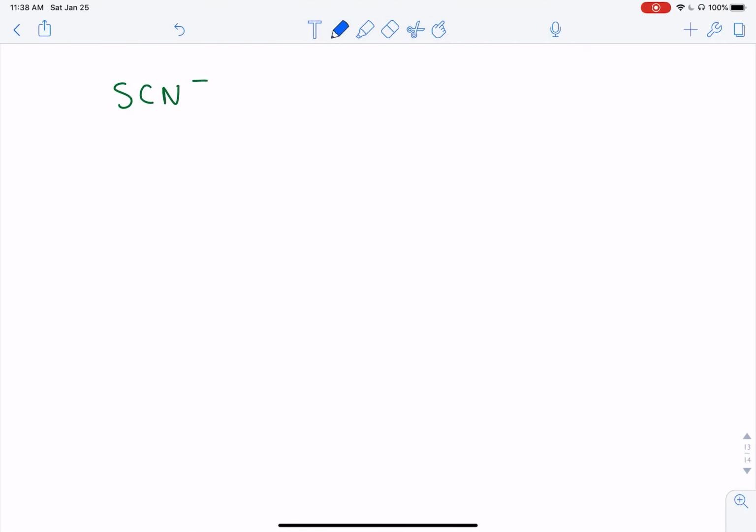Okay, S is 6, C is 4, N is 5, and the negative 1 is 1 more. So that is 16, which means 8 pairs. So when you draw the test structure out, you draw it like this.